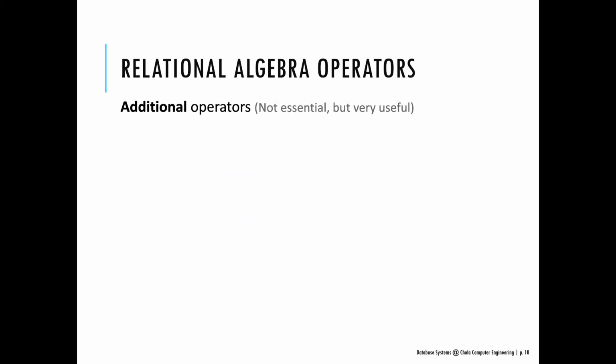So instead of just using basic operators combined with each other, we don't have to do that. There are some additional operators that you can use that will make life a lot easier. The first operator that you will see a lot is called join. When we talk about the join operator, you use this ribbon notation there.